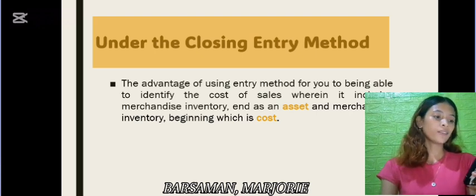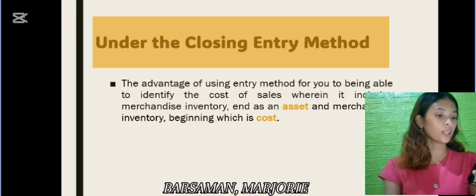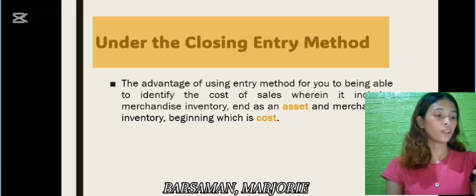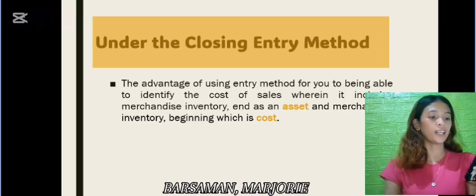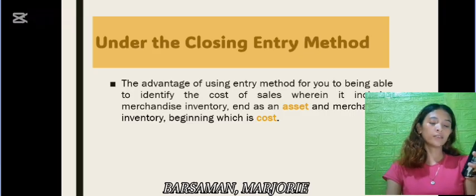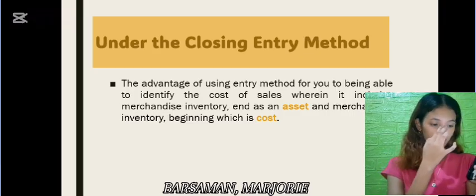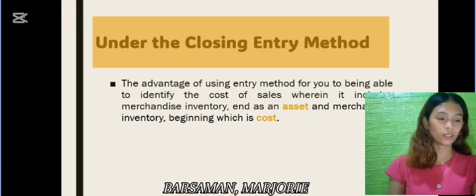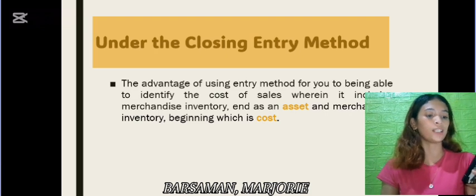The main advantage is that this method clearly shows the cost of sales by including both the ending inventory, an asset, and the beginning inventory, a cost, in the calculation. This makes it easier to understand how the cost of goods sold is determined.